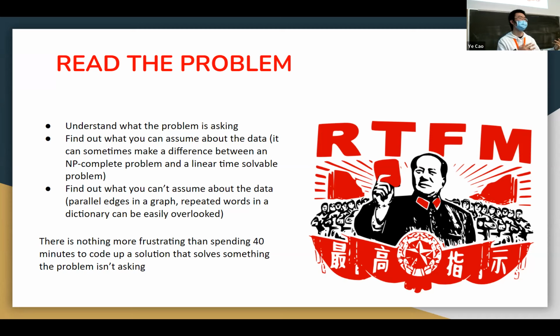And the algorithm you code, which is based on these assumptions, might just not work when these assumptions are broken. So read the problem. There is just nothing more frustrating than spending 40 minutes coding up something that the problem isn't even asking. So read the freaking problem, please.